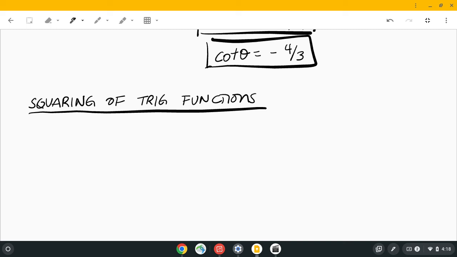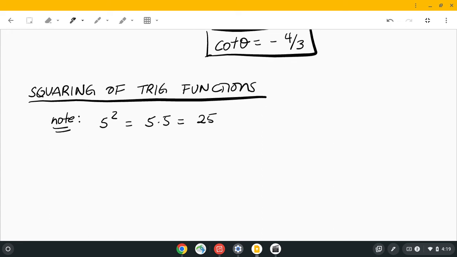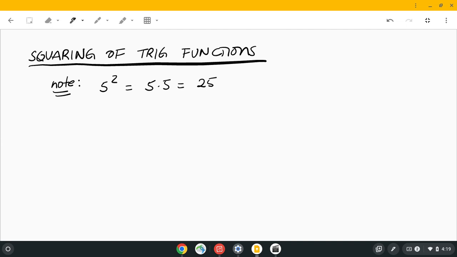When we square something, like 5 squared, this means 5 times 5, repeated multiplication, and that's just 25. We still use the exponent 2 when we want to square a trig function.